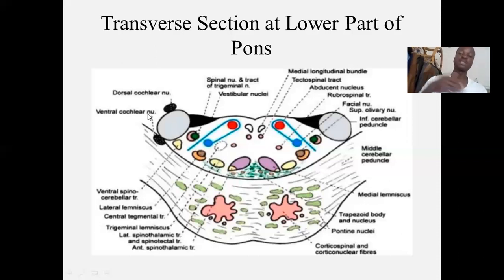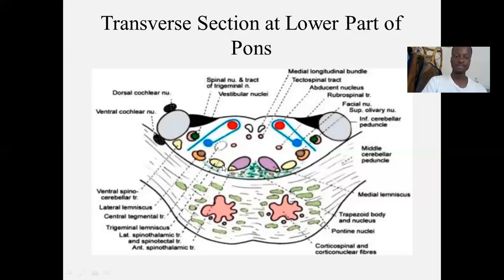And the lateral lemniscus itself would then project to the inferior colliculus at the level of the lower midbrain, right? So this is the lateral lemniscus. And notice in this region here, you have the trigeminal lemniscus, composed of the ventral and the dorsal trigeminal thalamic tracts.